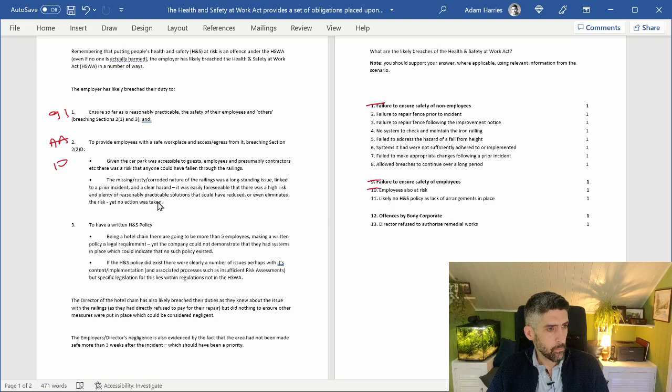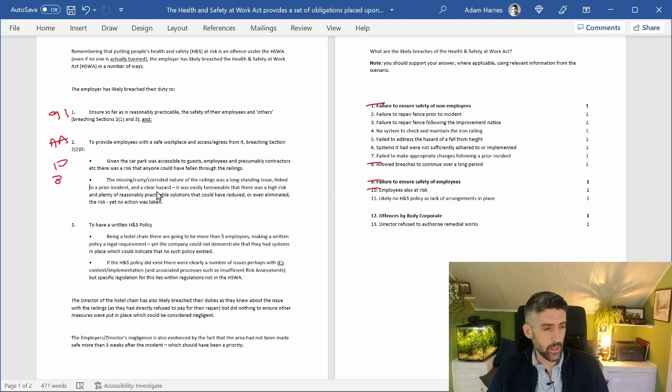The second sub bullet: the missing, rusty, corroded nature of the railings was a long-standing issue. That's true. That's information that was supplied in the scenario. And on the mark scheme, number 8, allowed breaches to continue over a long period. So I feel justified in giving a mark against item number 8.